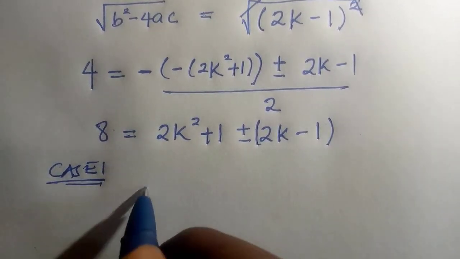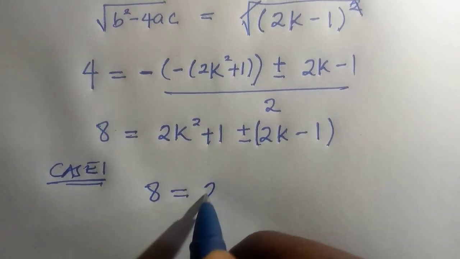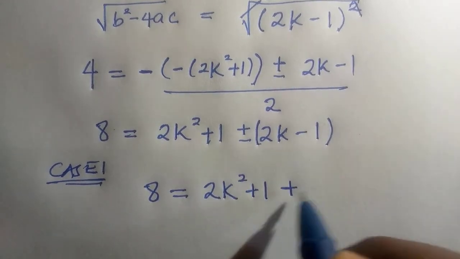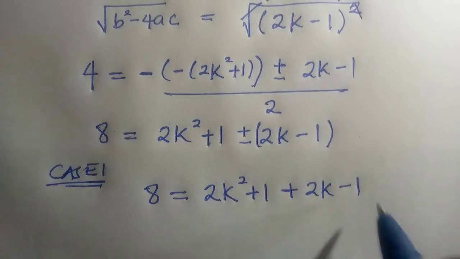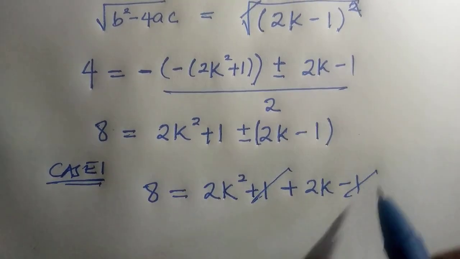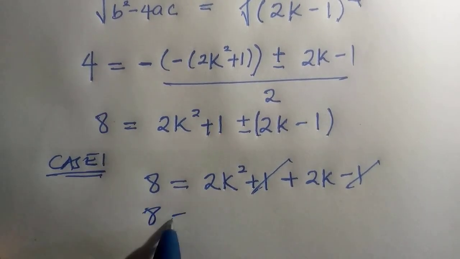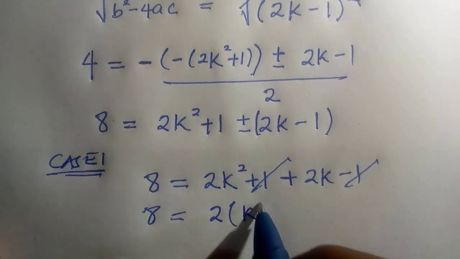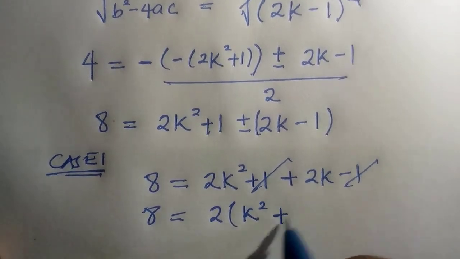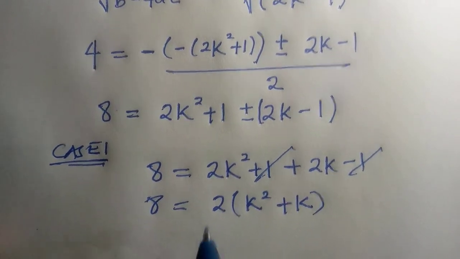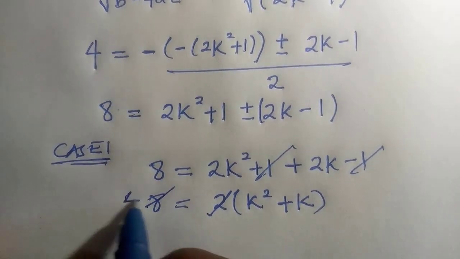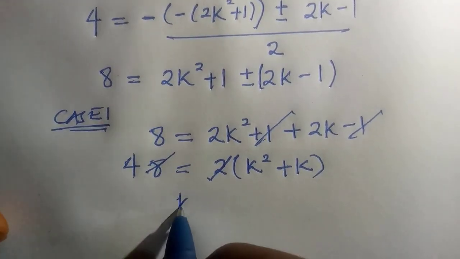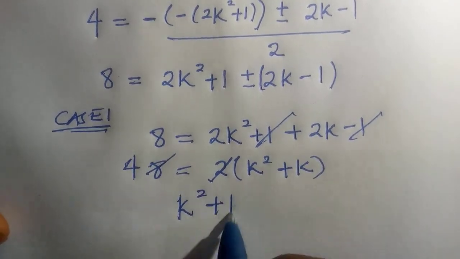When we consider plus, it means we are going to have 8 equals 2k^2 + 1 + 2k - 1. So plus 1 cancels minus 1. And here we have 8 equals, so 2 is common. Taking it out, we have 2(k^2 + k). So when 2 cancels this, we have this as 4, while the rest becomes k^2 + k.